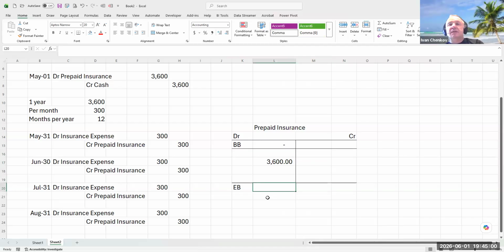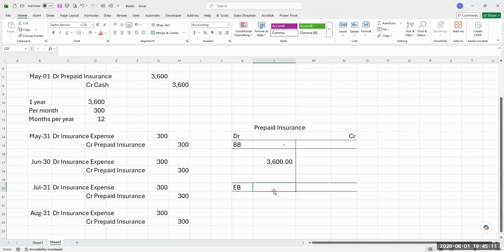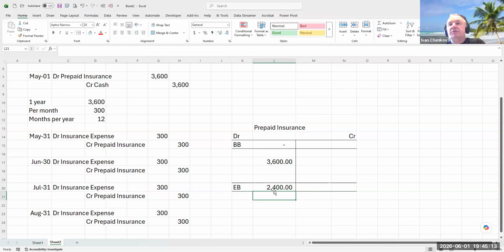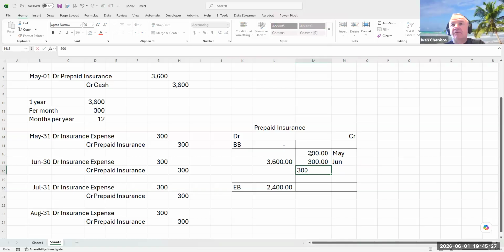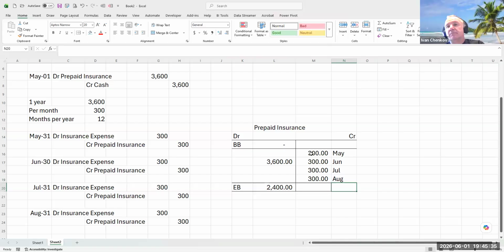What's my ending balance at the end of August? 2,400. It should be my balance. Why? Because I have 300 for May, 300 for June, then I have 300 for July, and I have 300 for August. That's in total $1,200.